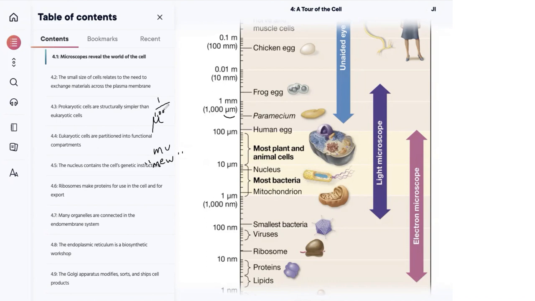That's 0.000001. And then when you look down the scale, looking at the size of viruses, there are some viruses that are really, really tiny. They range down to 10 nanometers, but the N here is the regular English N, which stands for a nanometer.